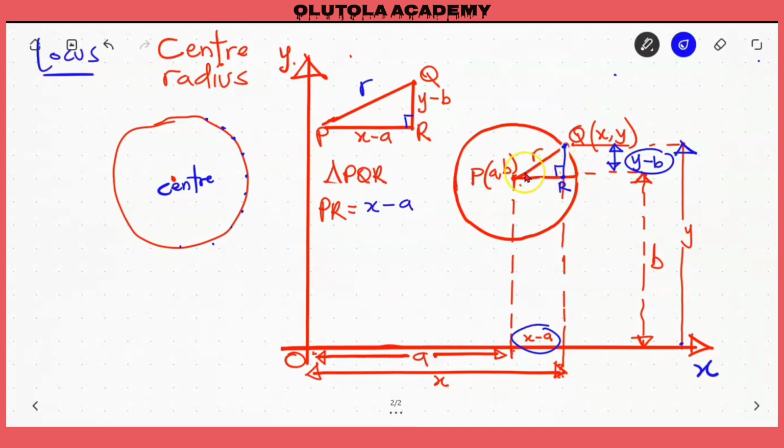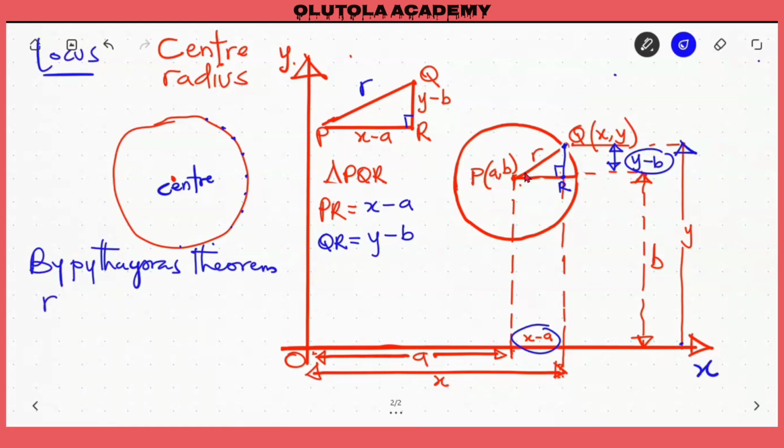Then we have QR to be y minus b. To get the radius by Pythagoras theorem, we have r squared equals PR squared plus QR squared.